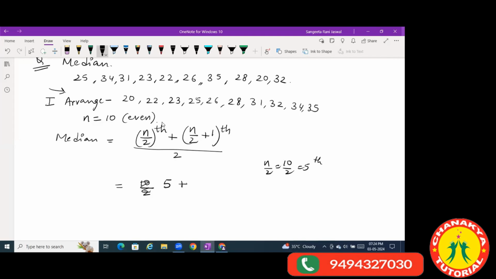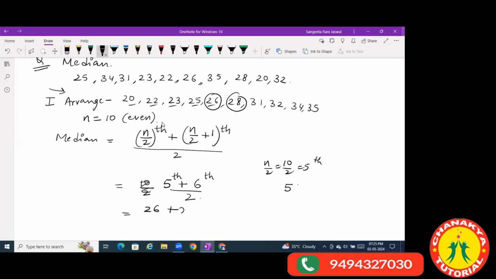And then this is the n by 2 plus 1 th term. N by 2 was the 5th term, so 5th term plus 1 is the 6th term. So it is the 5th term and 6th term, divided by 2. What is the 5th term here? Just count 1, 2, 3, 4, 5. So the 5th term is 26. I write 26. The 6th term is 28.